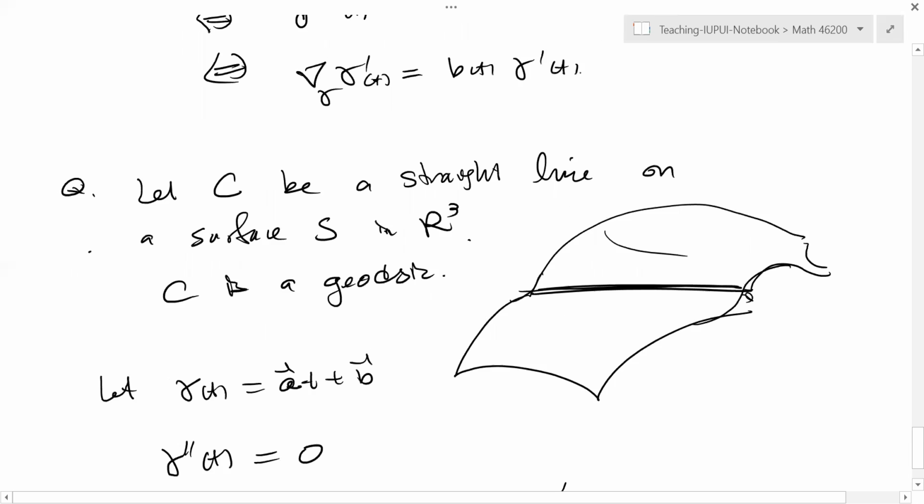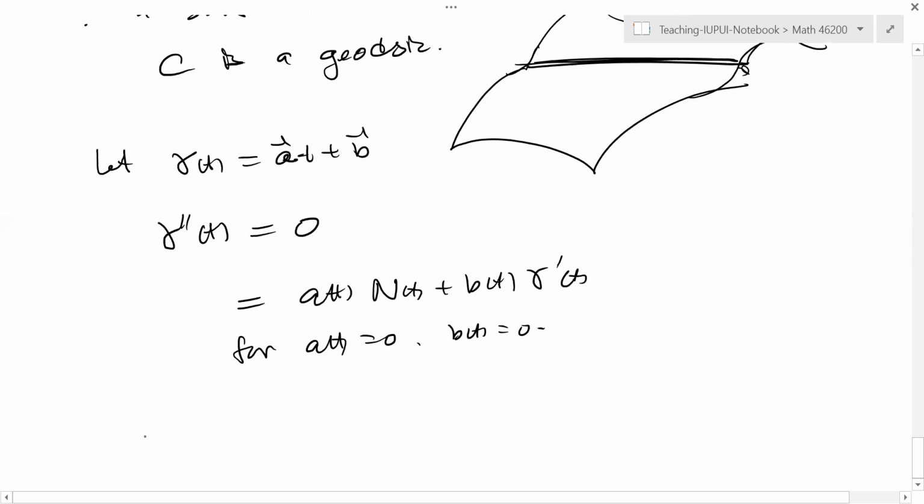Based on the above theorem, gamma is a geodesic, or C is a geodesic.